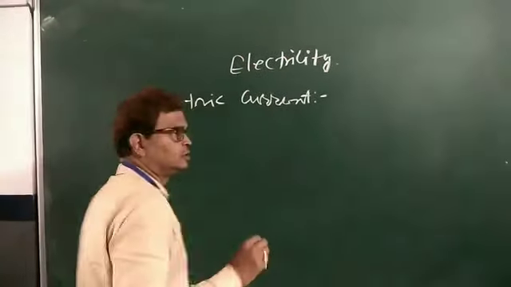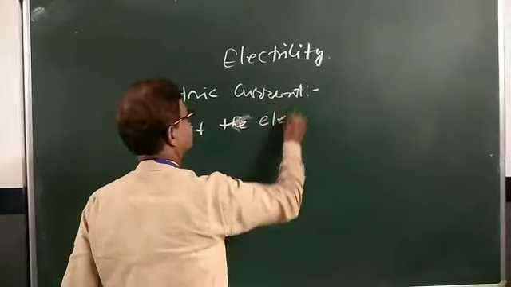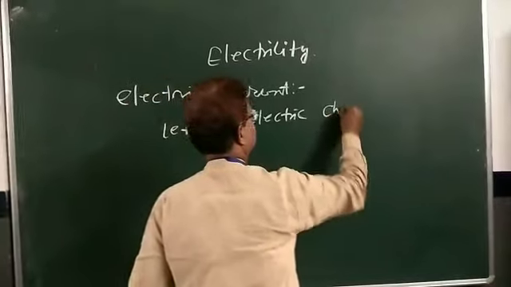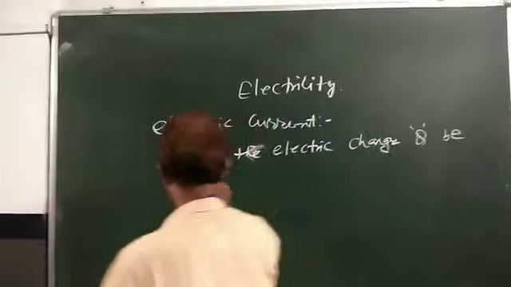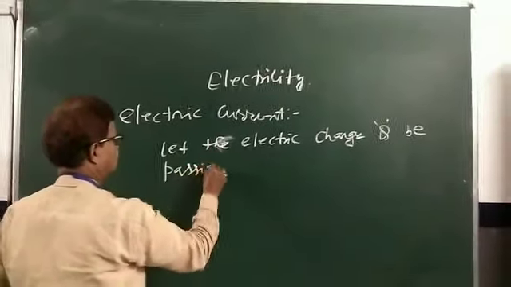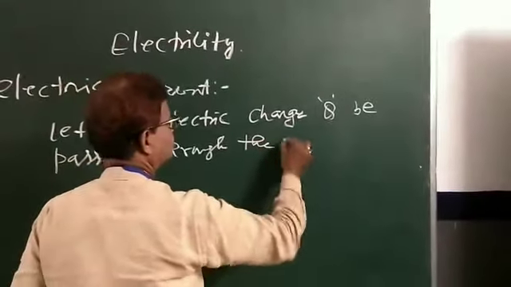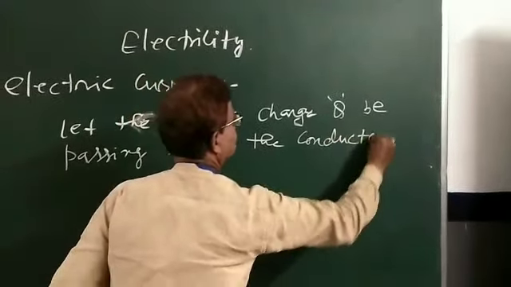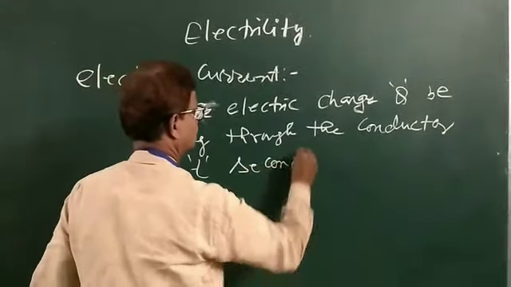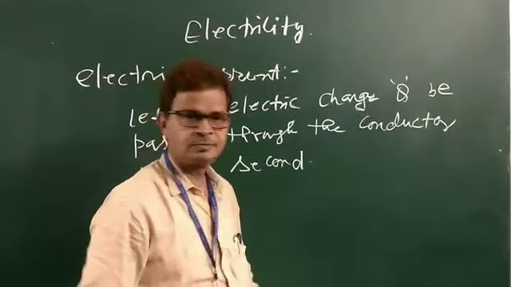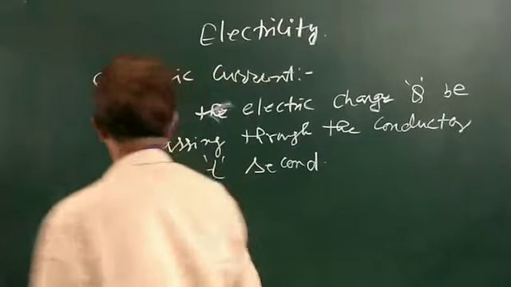Let the electric charge Q be passing through the conductor in t seconds, according to the definition of electric current.